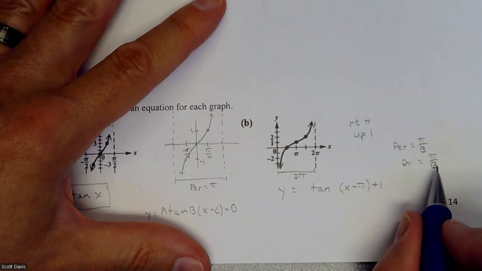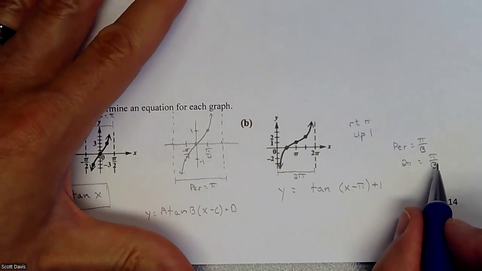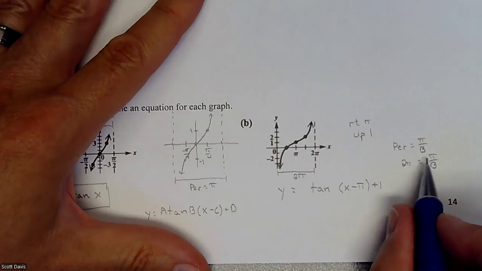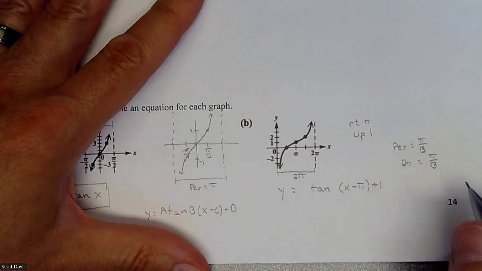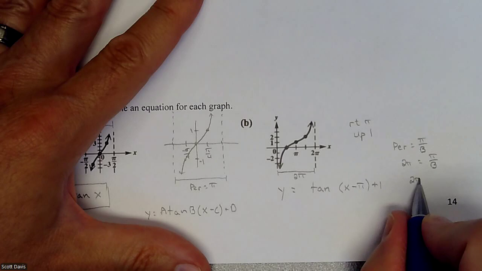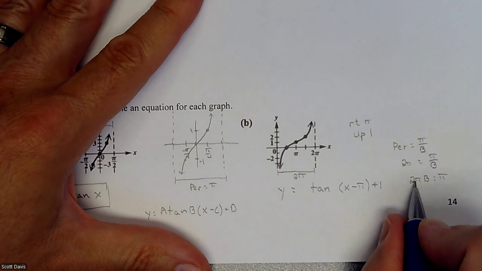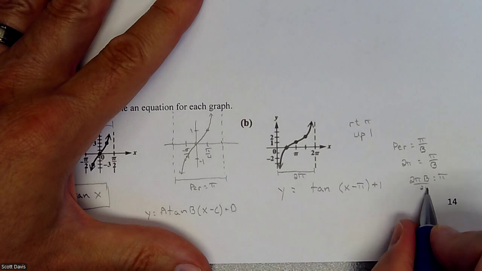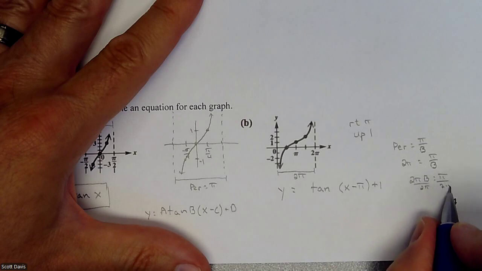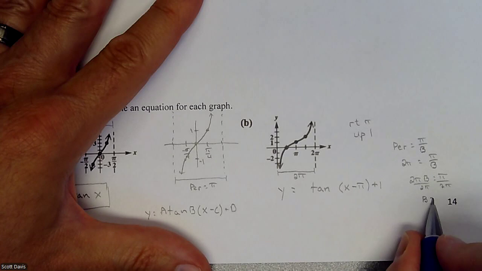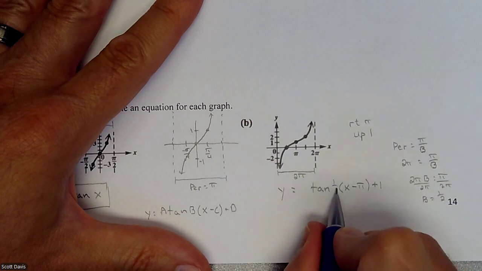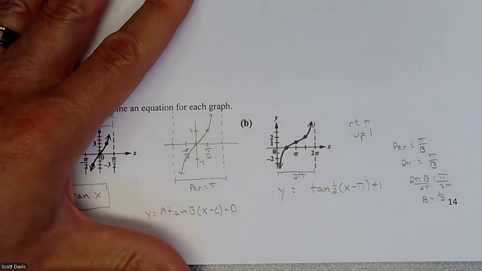I've got to figure out what that is. If I can't mentally do it, then I can cross multiply, or multiply the b over. So 2 pi times b would equal the pi. Divide by 2 pi, and the pi's would cancel, and I would just have a 1/2 left over. So I have a 1/2 floating here.